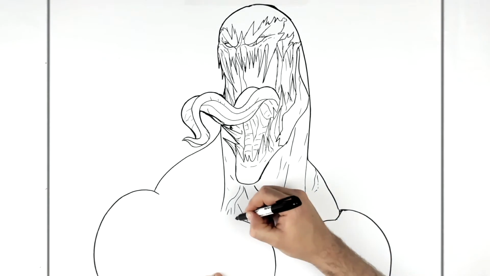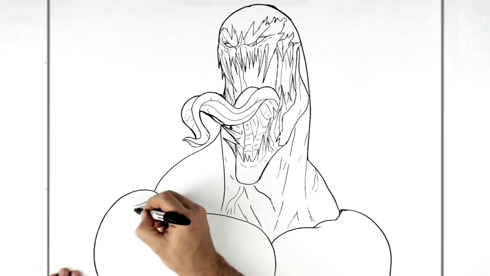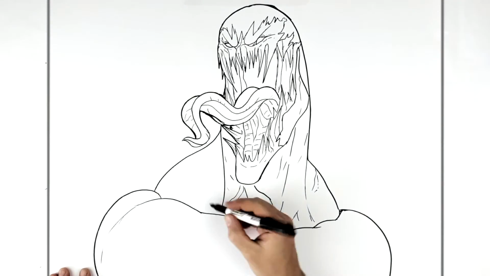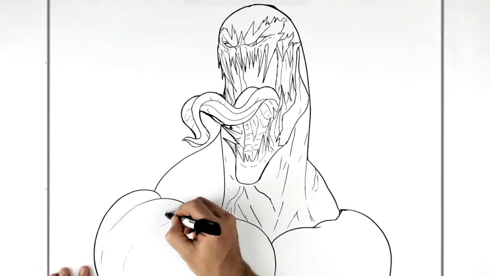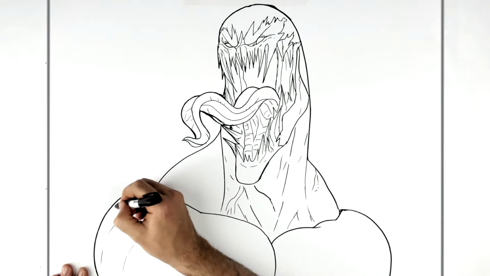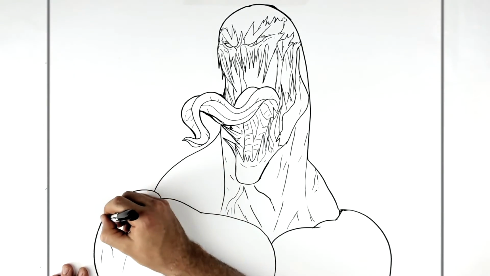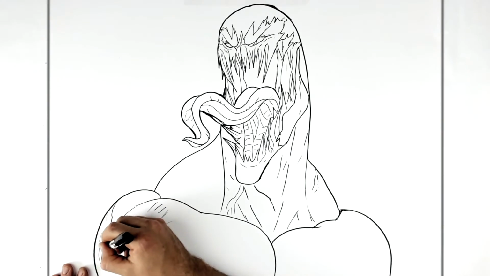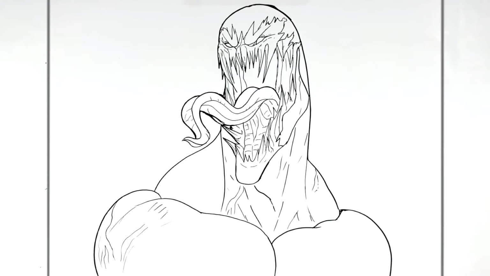And then this one. You've got deltoid muscles, shoulder muscles here. And then veins and things coming across. Like so.